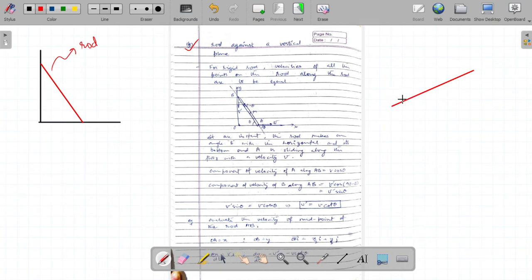Whatever the case may be, if the rod is rigid, then if we consider 2 points on the rod, let's say this point is A and this point is B, we are considering the velocities of those points.